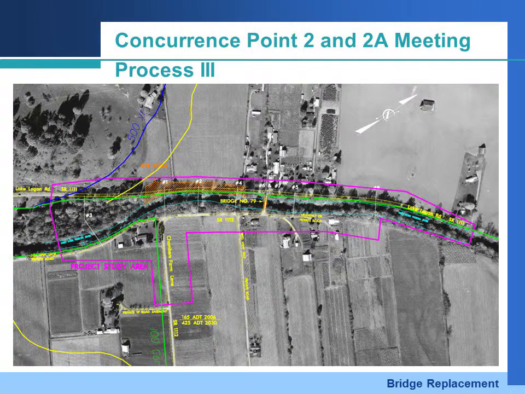Information that should be presented at the Concurrence Point 2-2A meeting may include the Natural Systems Technical Report, Phase 1 Historic Property Evaluation and boundaries of known listed and potentially eligible historic sites, community profile including existing and future land use, comments from the local government, traffic flow and/or access concerns, safety concerns, potential utility impacts, and aerial photography and digital terrain mapping.